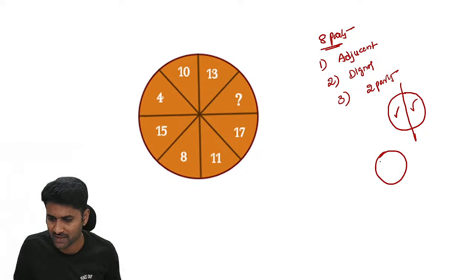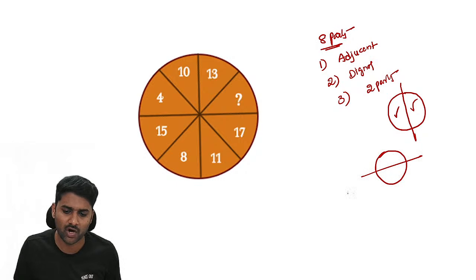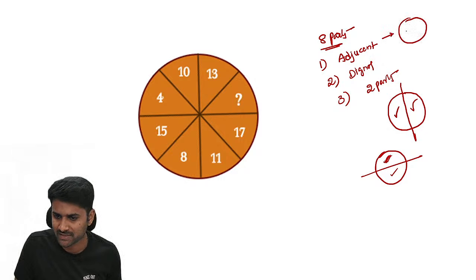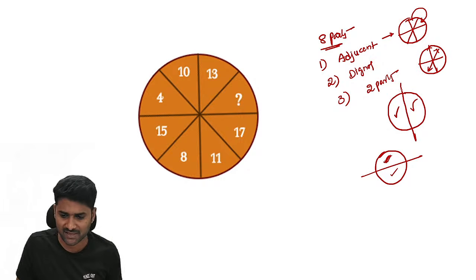Otherwise, you can divide the entire circle horizontally. Either you can go with the sum of these two numbers, meaning the sum of this entire portion is equal to the sum of this entire portion. So adjacent is all about, if you consider the circle, the operation can depend on the adjacent numbers. What about the diagonal? You can check in this way. Diagonal numbers' resultant may be the same.